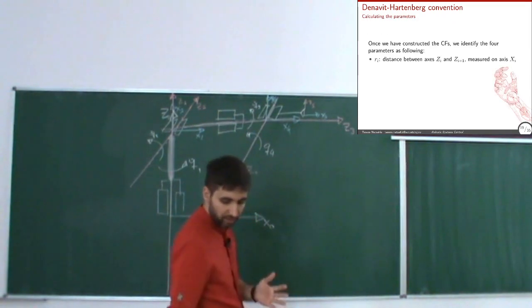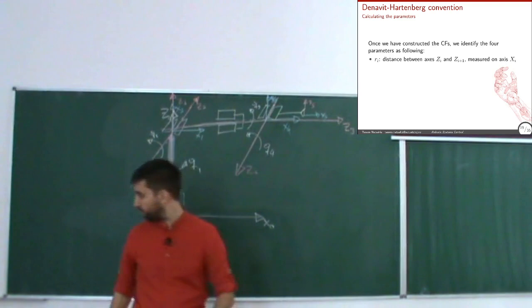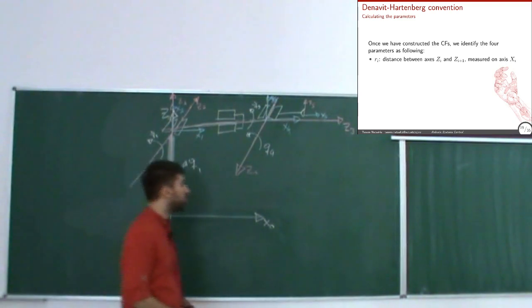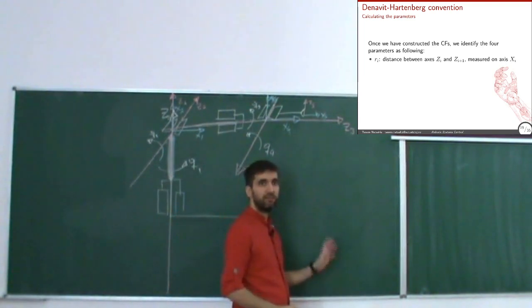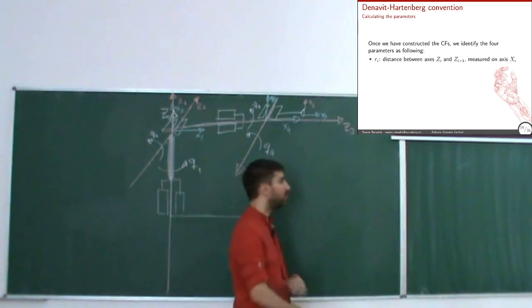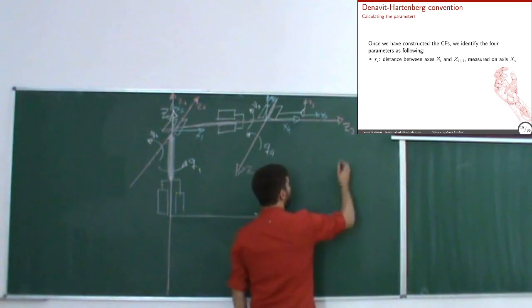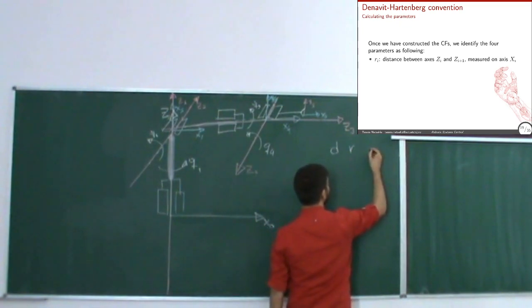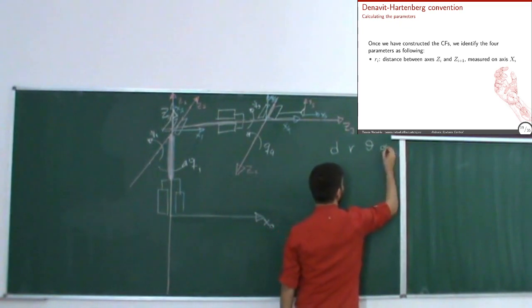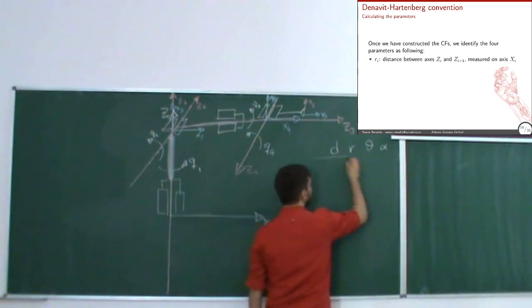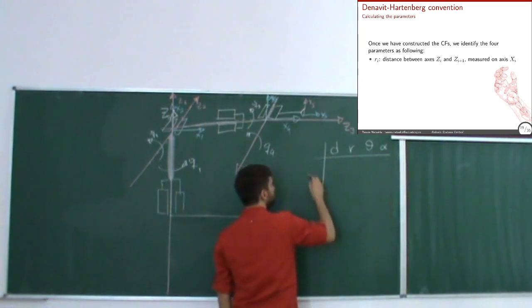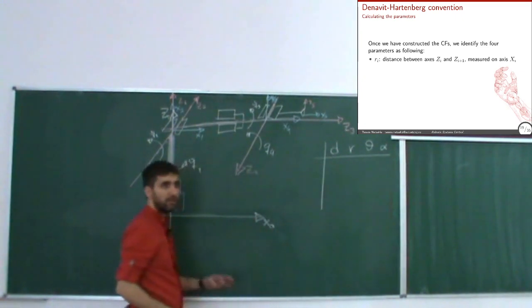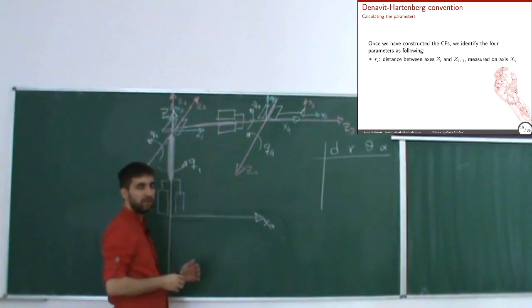Let's define all the parameters now. Do you have any questions? No, okay. So what we said is that we need 4 parameters for each link, so every pair of joints: theta, d, alpha and r.